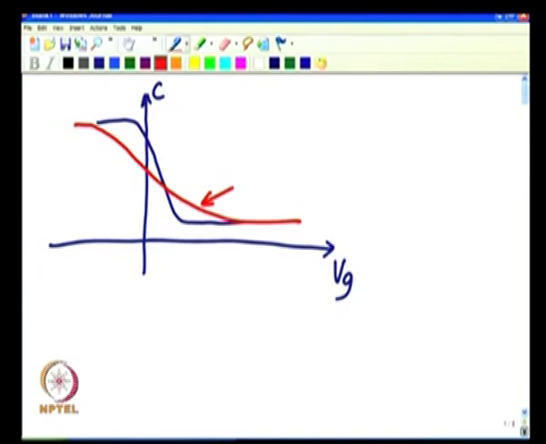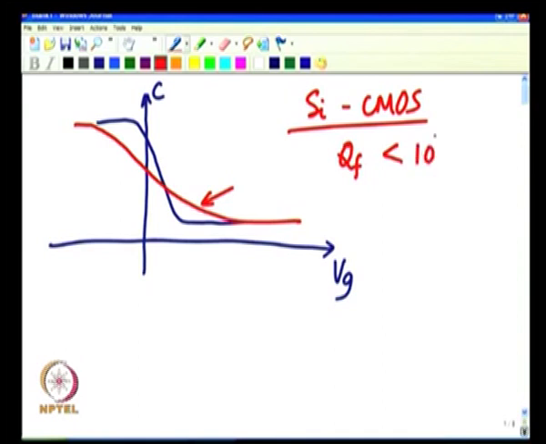Now, typically today, in silicon CMOS technology, we have figured out ways to really minimize both fixed oxide charge and interface trap density. Today we routinely get the fixed oxide charge in the range of less than 10 power 10 per centimeter square. If you want the charge, you multiply by q.